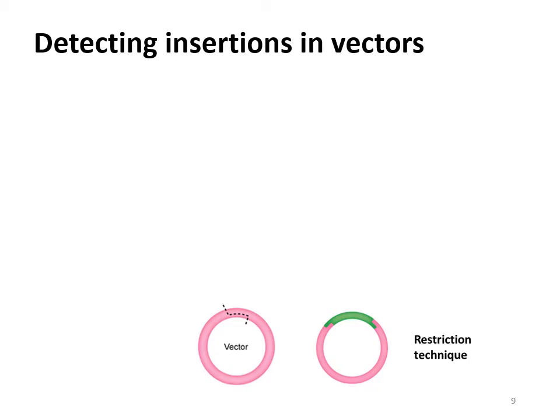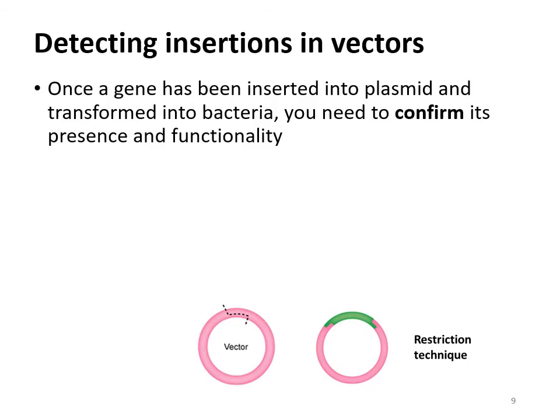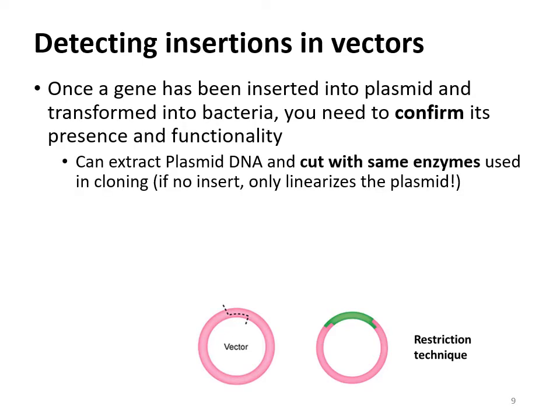That doesn't tell you whether or not your gene made it into the plasmid, because remember, some of the plasmids will just stick to themselves rather than taking in the gene. So to determine whether your plasmid has successfully taken in the gene, you can do a few things.